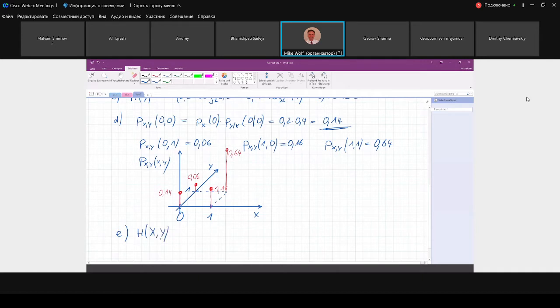This is not a difficult task, because you use the old equation of entropy. The same equation as for the one-dimensional case, but you just use the joint probabilities. So what is the surprise of certain combinations? You can do it on your own.